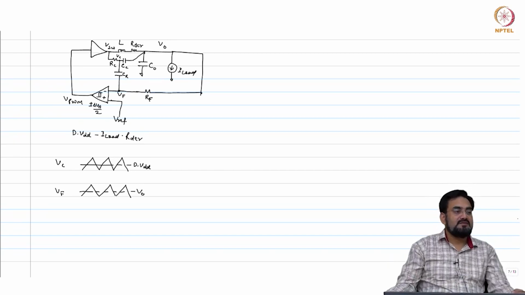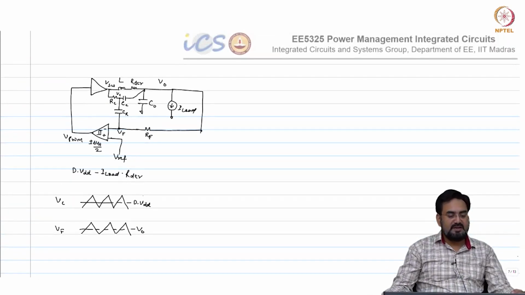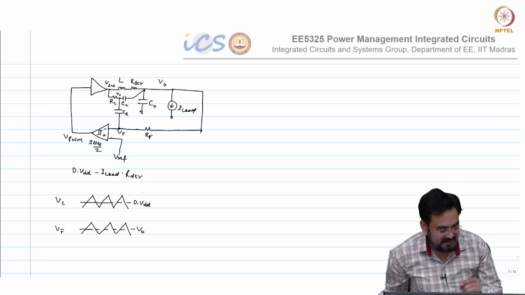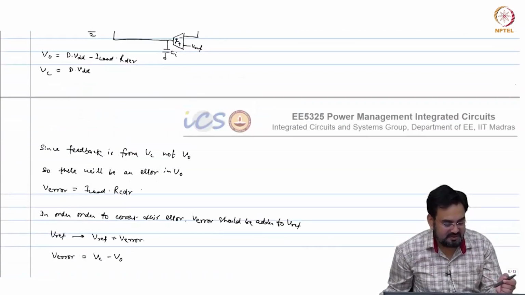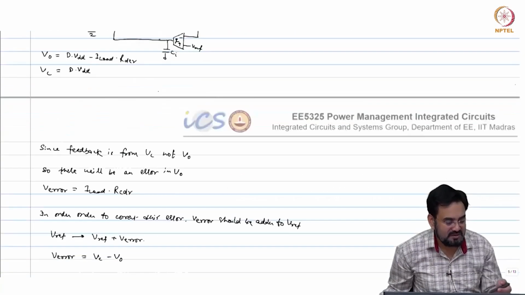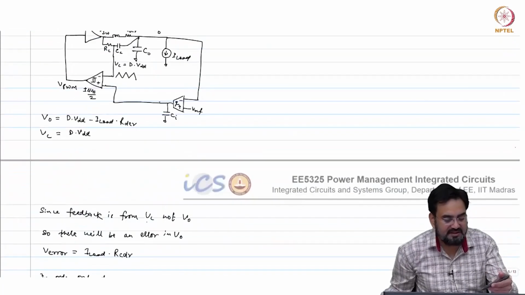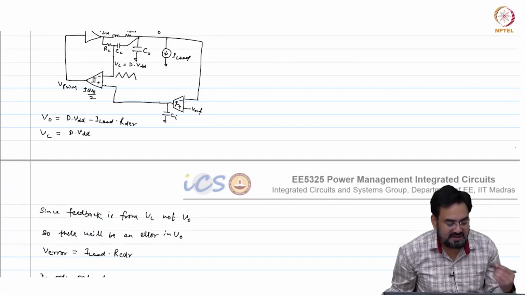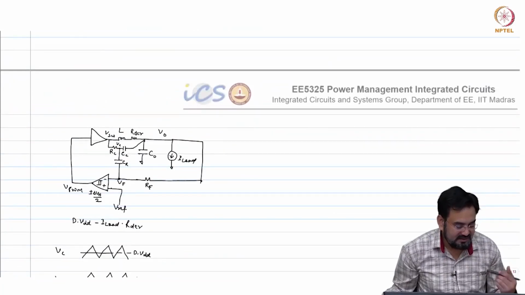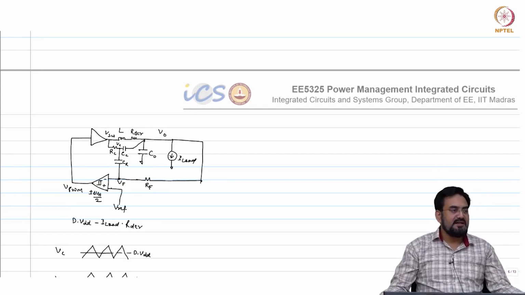V out. This is also a hybrid voltage and current mode, and this is also a hybrid voltage and current mode. In both cases you are taking the feedback, but the difference is that in one case you have an integrator, in this case you do not require an integrator.